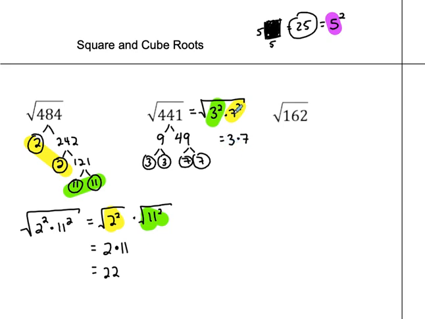So the two roots here are 3 times 7, or 21. So the square root of 441 is 21. I could verify these by multiplying them back together again. 21 times 21. So 1 times 21 would give me 21, and 20 times 21 would give me 420. And so adding those together, I get 441. That was my check.